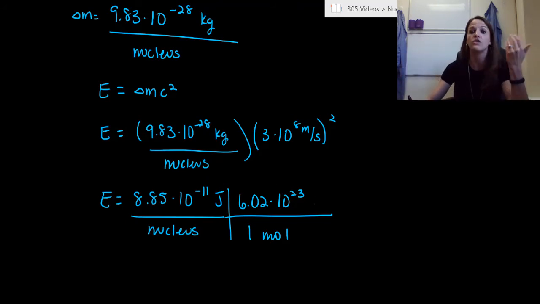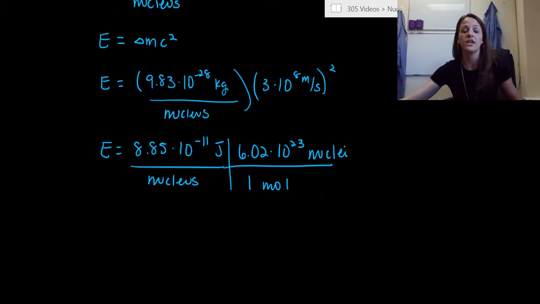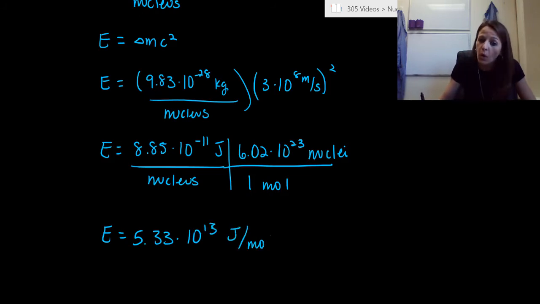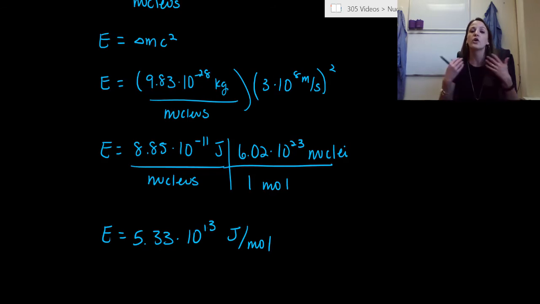And in this case, it's nuclei, or a bunch of nucleuses, which we would say is nuclei. So if we do this, our nucleus component cancels out, and we're left with an energy of 5.33 times 10 to the 13th joules per mole. Okay, so per 1 mole of copper, we know that we have 5.33 times 10 to the 13th joules. So it's not per nucleus, it's per 1 mole of copper.